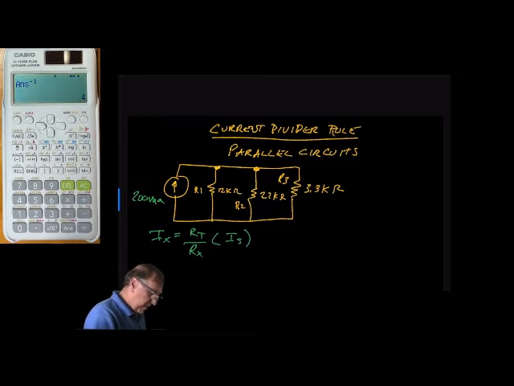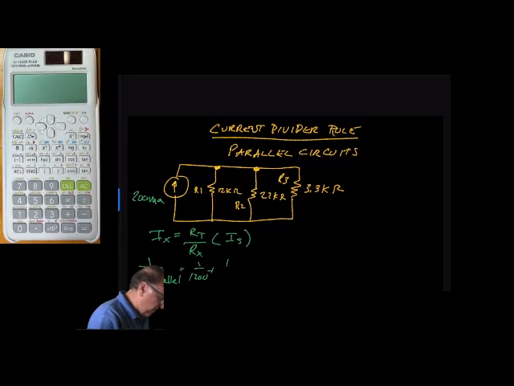So again, solving our equation here, we have 1 over R parallel equal to 1 over 1200 plus 1 over 2200 plus 1 over 3300.